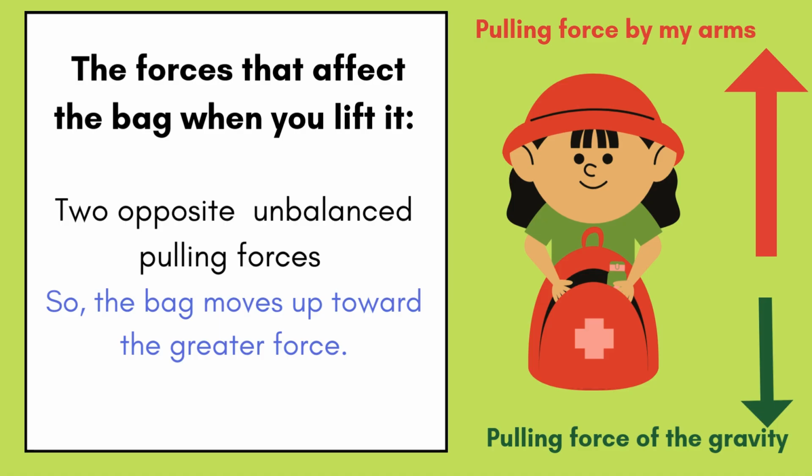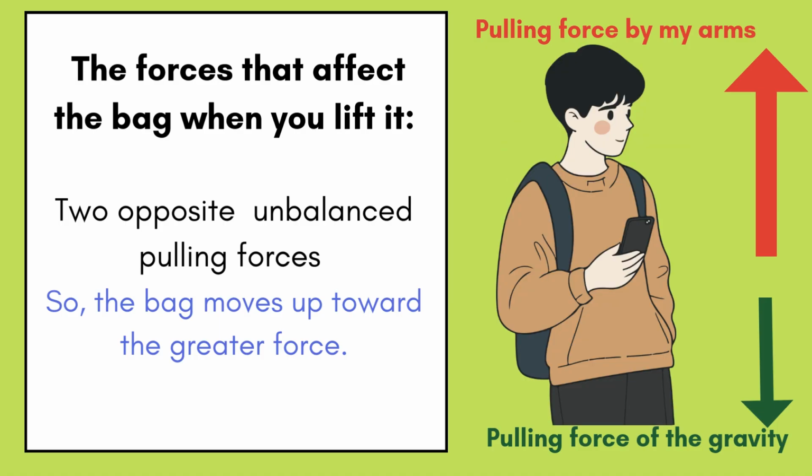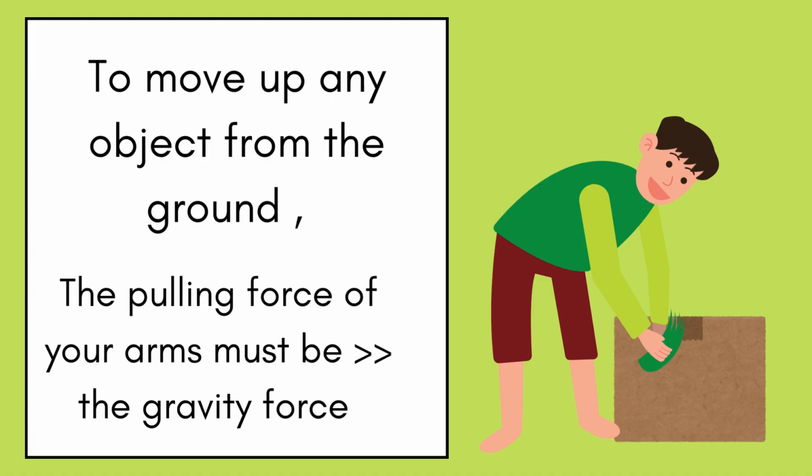Okay, so again, with this boy, he is holding the bag, so that means that he applies pulling force by his arm, and there is a pulling force of the gravity, so those forces are unbalanced because the boy already holds the bag. That means that the bag moves toward the greater force, and the greater force is the pulling force by his arm.